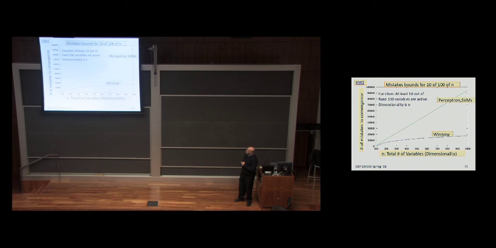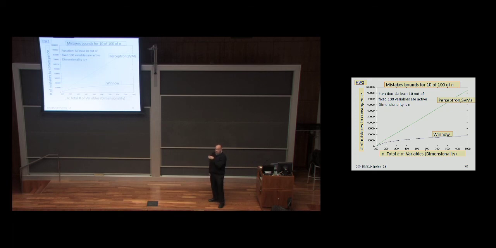You will see something like this. I'm giving an example here that is not unlike what you will see in your homework, a little bit different because the exercise that I did here is a little bit harder than the one that you will do. Here is what I show here. I show a function that is a linear function. The function is 10 out of 100 out of n.